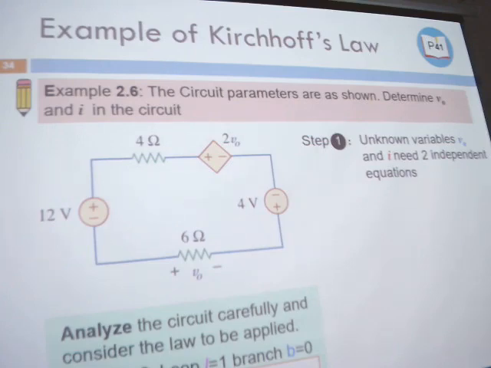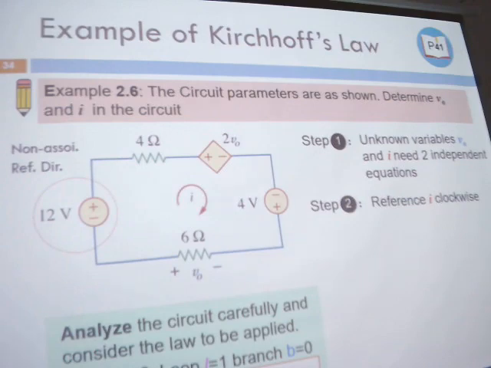Understand? We need two algebraic equations for these two unknown variables. That is from mathematics. Two unknowns, two equations. Three unknowns, three equations. Four unknowns, four equations. But those equations should be independent. Understand?